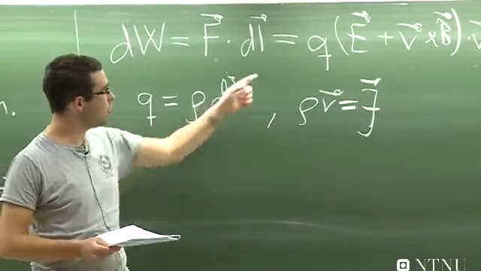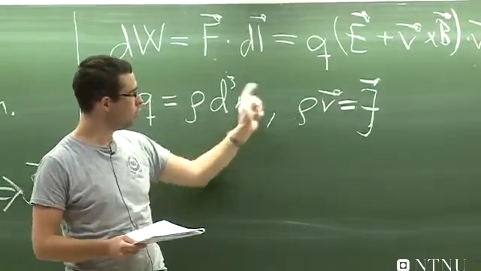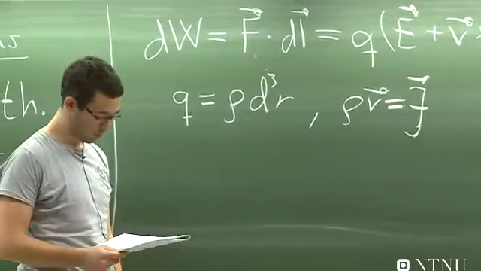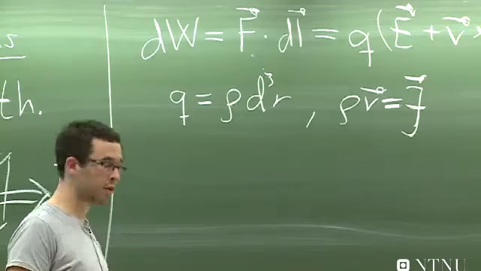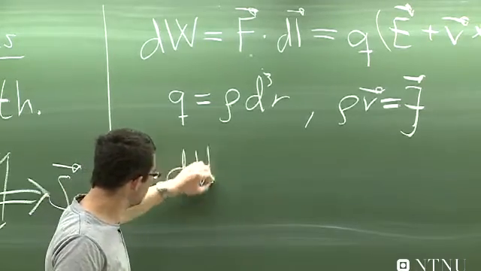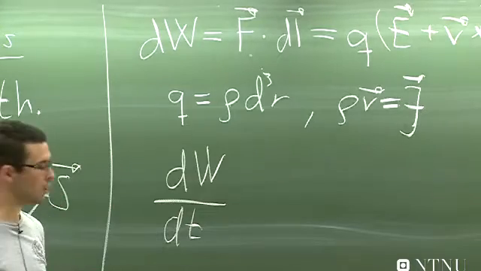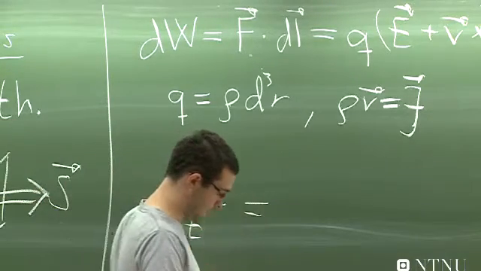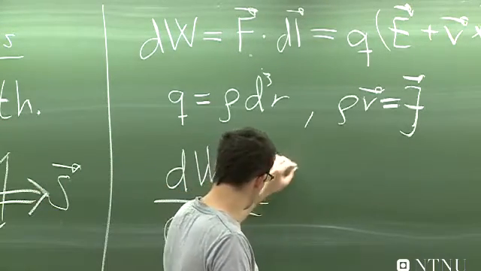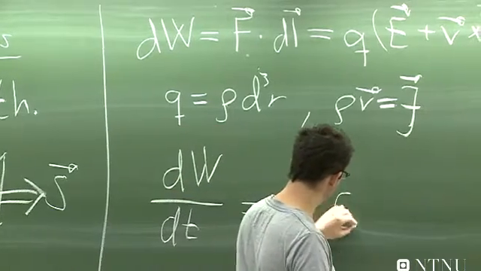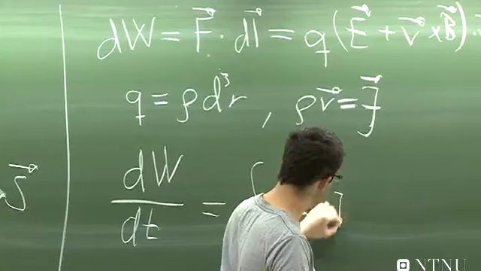So first of all, I rewrite the q as this. I take the rho, group it with a v, and voila, I have the current J. All right. So I get the following result. The power of the work being done is equal to the integral over the volume of E dot J.